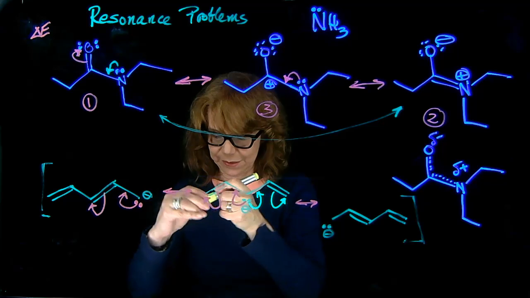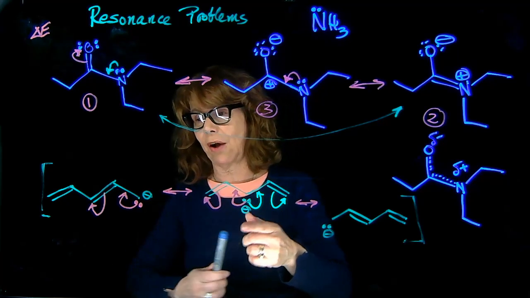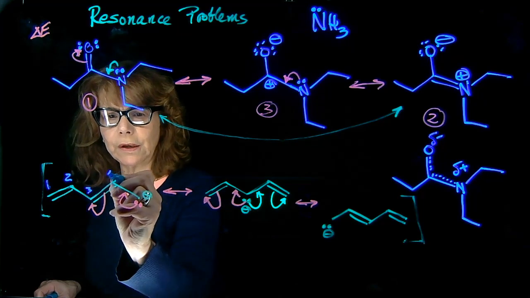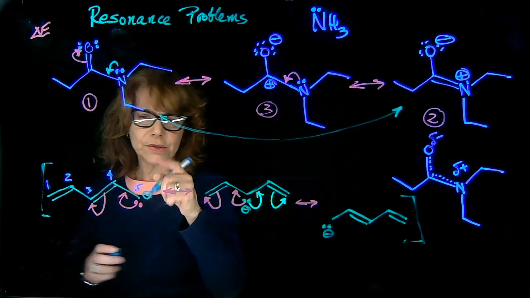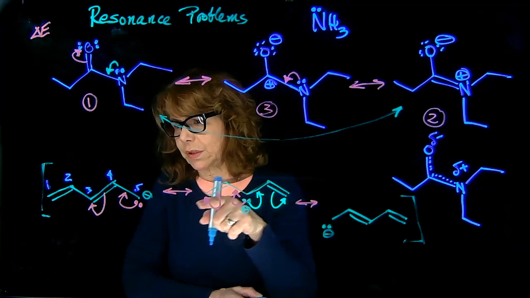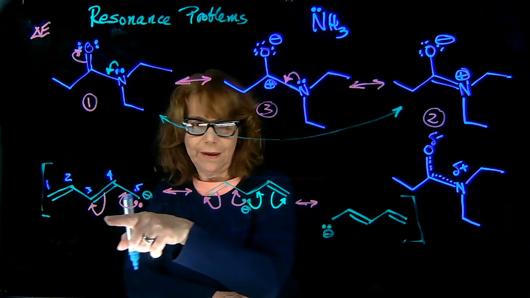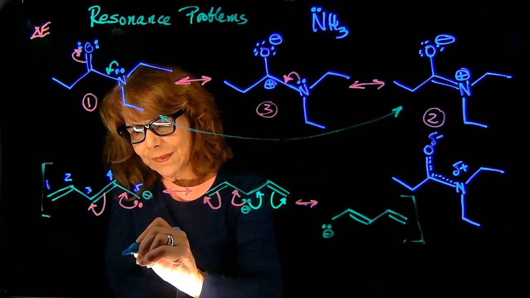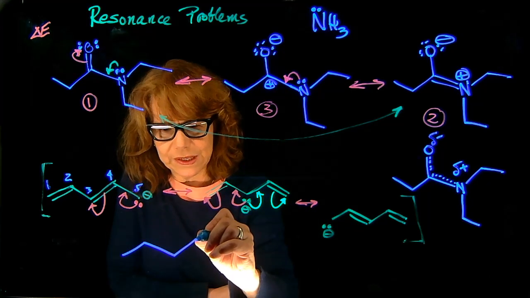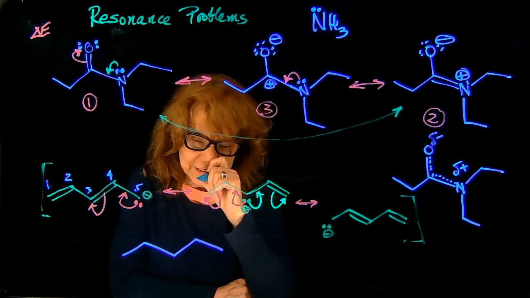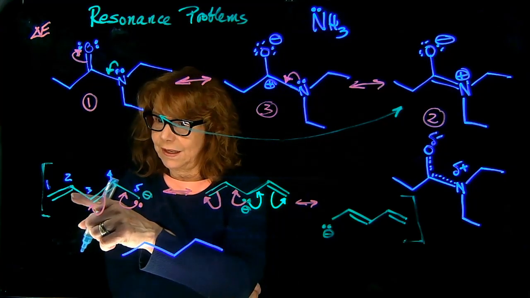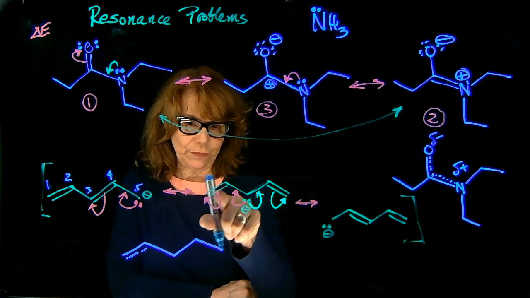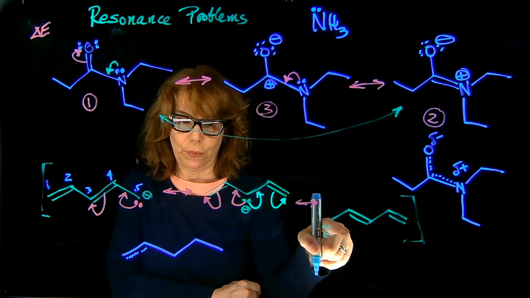But now for the hybrid, if we number the atoms, this is atom 1, 2, 3, 4, and 5. The partial negative charge is going to be on atoms 5, then 3, and then 1, as we see here. So let's draw the hybrid. I'm going to just draw the sigma bond skeleton. And now this is going to be a partial double bond, as we see here, double bond, and here it is not, so partial.